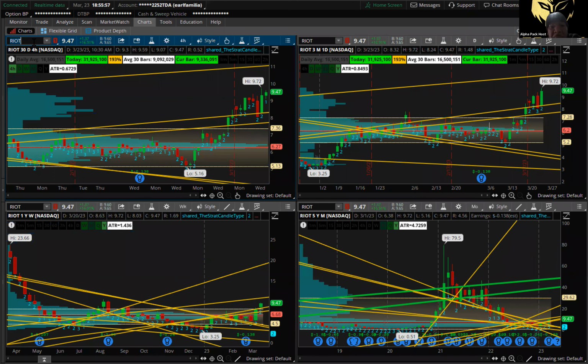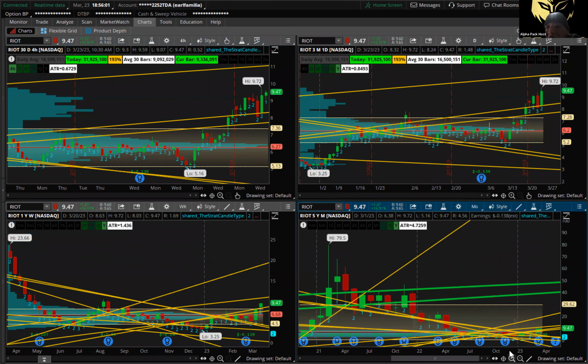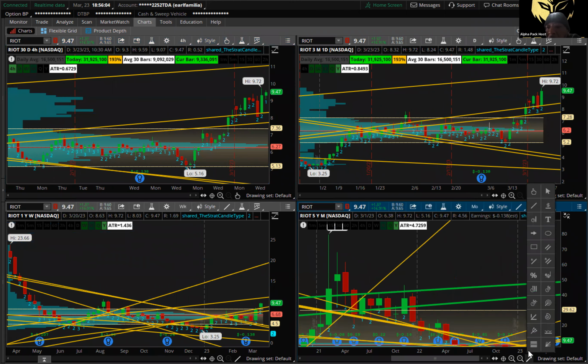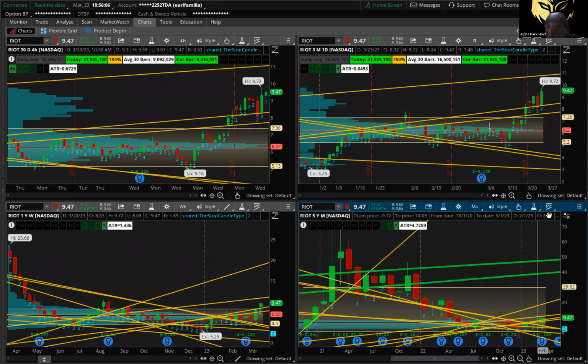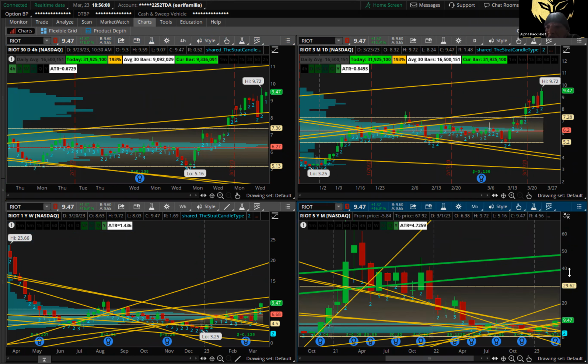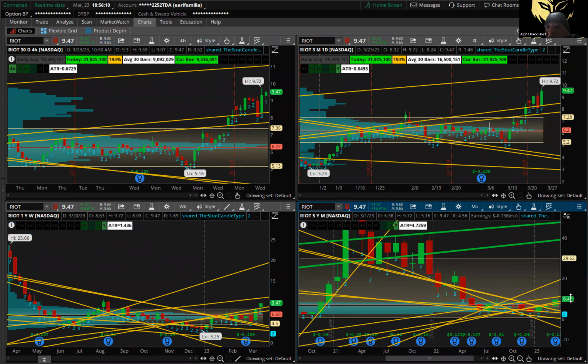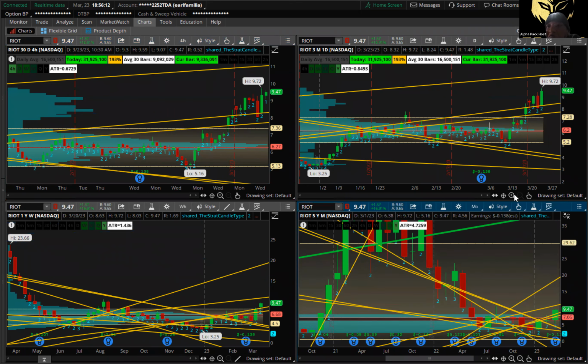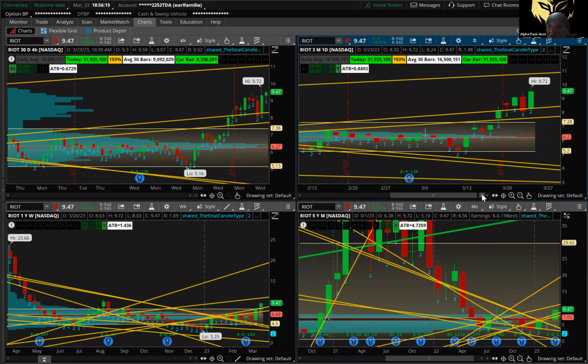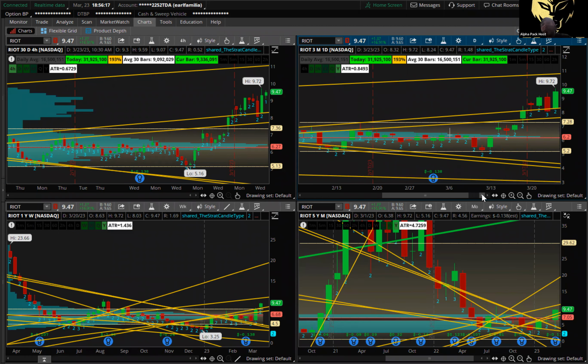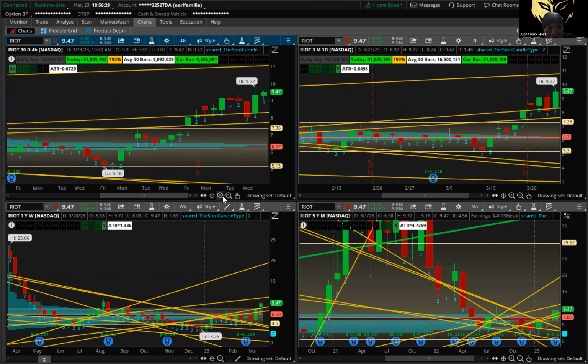This one was showing some strength earlier in the week, and it's kind of continued in that way. So we like how Riot's looking right now. Continuation tomorrow. Who knows what it'll do next week, but at least tomorrow looks solid. 212 on the 4 hour.